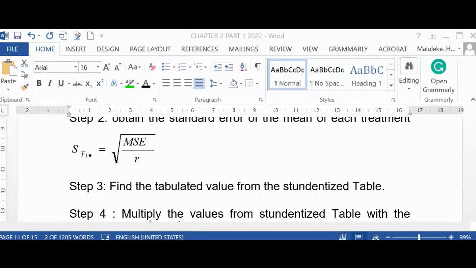Now, before I go to taking the multiple range test, can you allow me to show you a case where the problem is not balanced? The only part that will be affected is the denominator, the R. The R will be affected if you're using Newman-Keuls or Duncan.